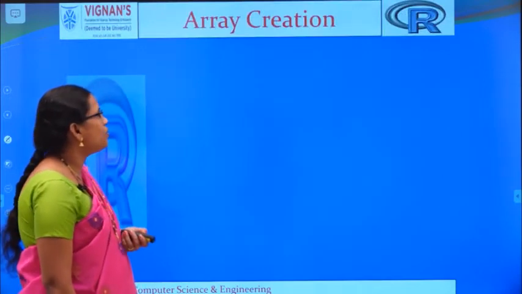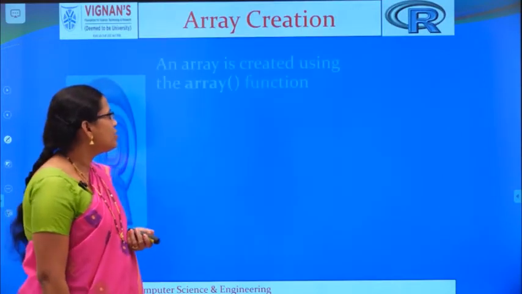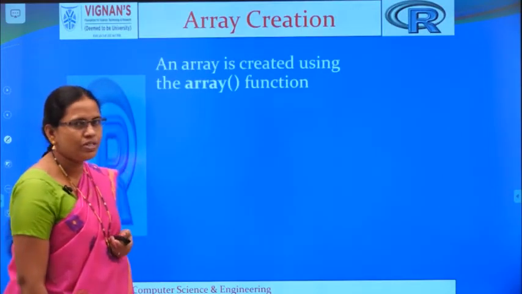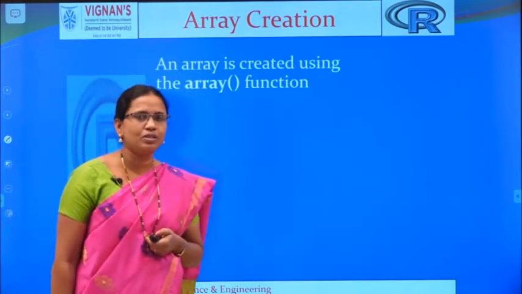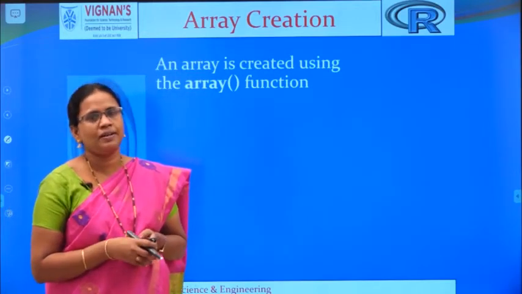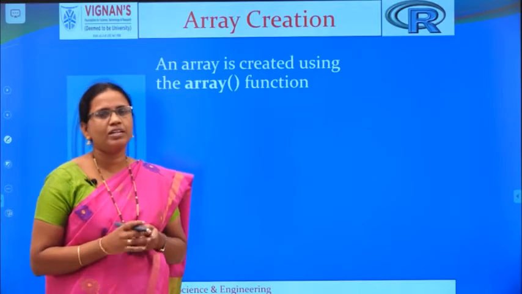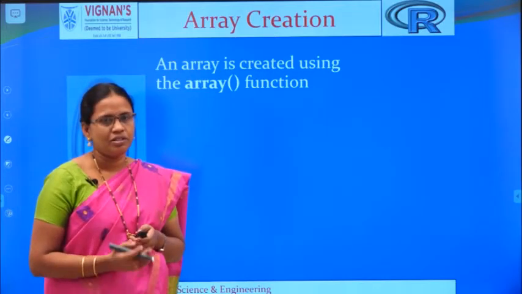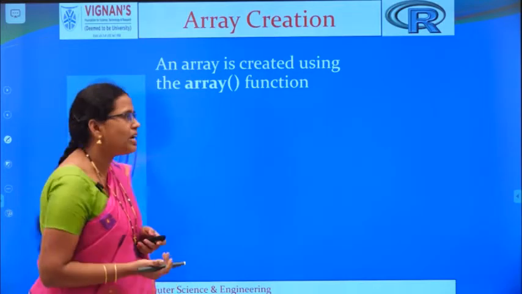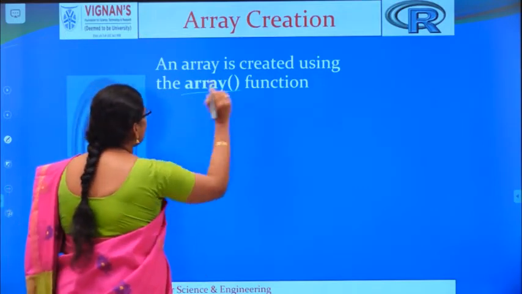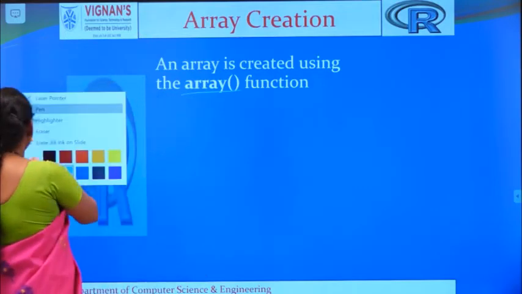Let us see how to create an array. An array can be created by using the array function. To create a vector, a vector function is there. To create a matrix, we have a matrix function. Similarly, to create an array, we have a function called array. Let us see the syntax.